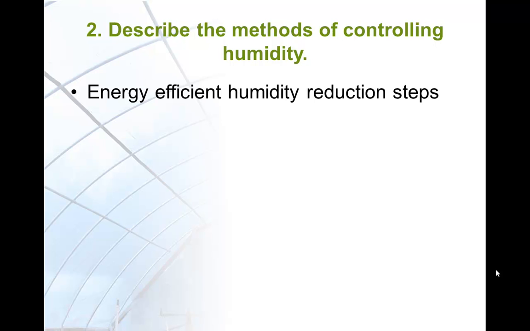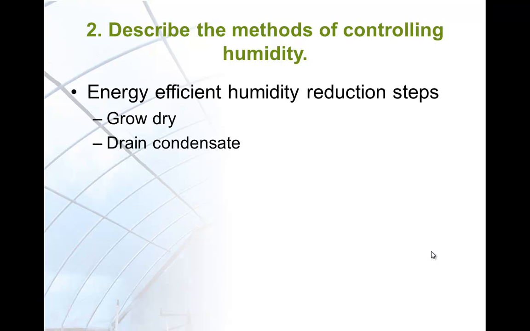Since humidity reduction could be an energy-intensive operation, we are introducing 4 steps, from the least energy-intensive to the most energy-intensive methods for reducing humidity. The least energy-intensive approach is simply grow dry. Just provide enough water to plants in time without leaching. That can reduce the humidity level in the greenhouse.